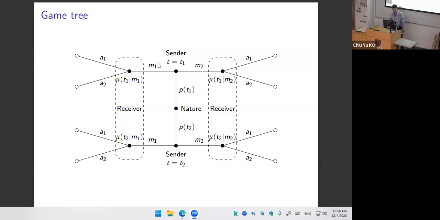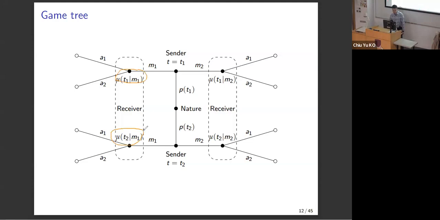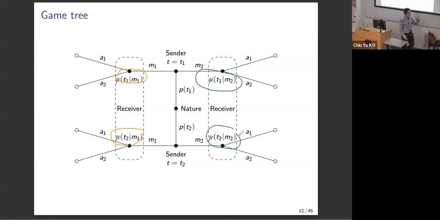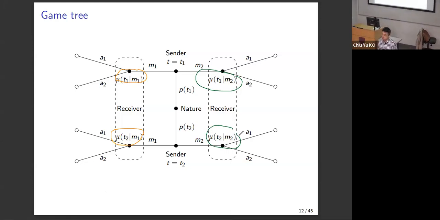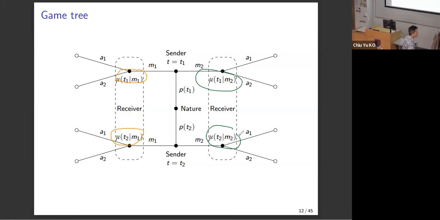So it means that this plus this is 1, and we also need this plus this is 1. The first requirement is that you must have belief. If you don't know where you are, you have to believe something. You cannot assign 0 to both; it has to add up to 1.